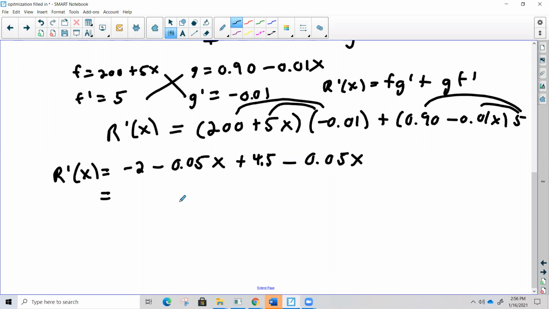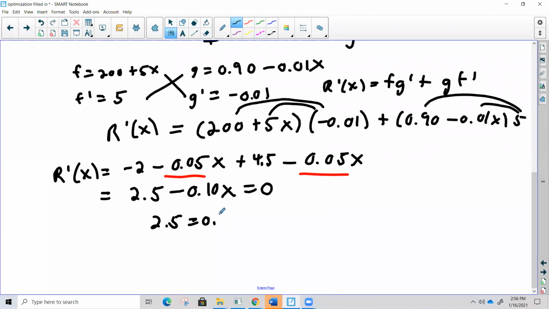I'm going to combine my like terms. So I get negative 2 plus 4.5, which is 2.5. And I have negative 0.05x and negative 0.05x, which is negative 0.10x. I'm going to set this equal to 0. So I'm going to add the 0.10x to the other side and then divide by 0.10.